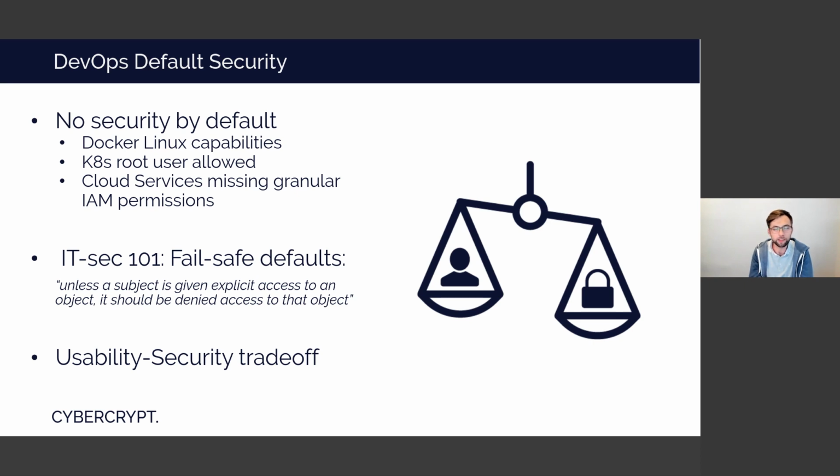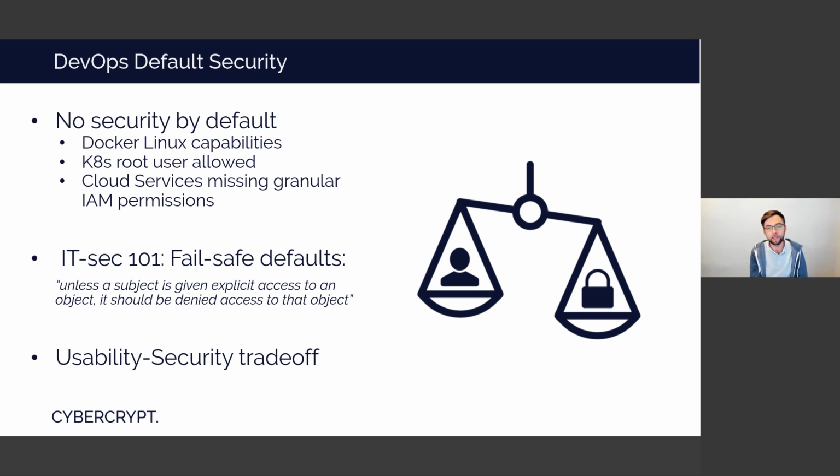So this is just to illustrate that many of these new technologies have very lenient security defaults. And this actually directly contradicts a security principle, I don't know if you've heard about it, called fail-safe defaults, which I can read out for you. It says that unless a subject is given explicit access to an object, it should be denied access to that object.